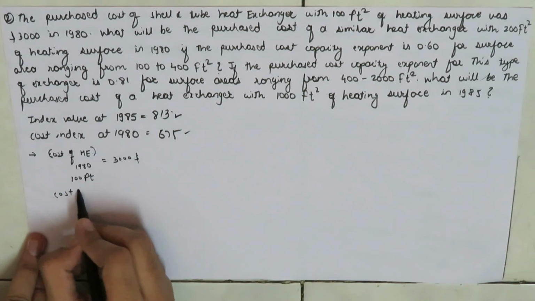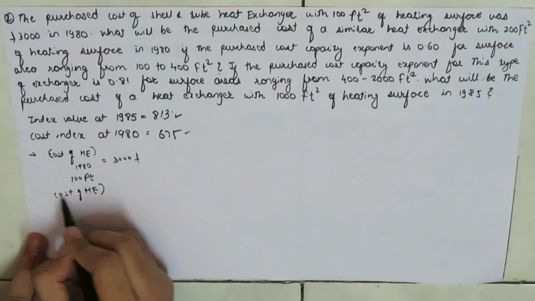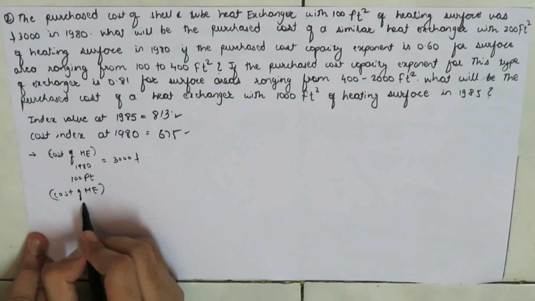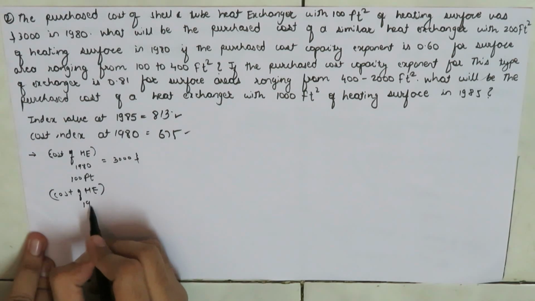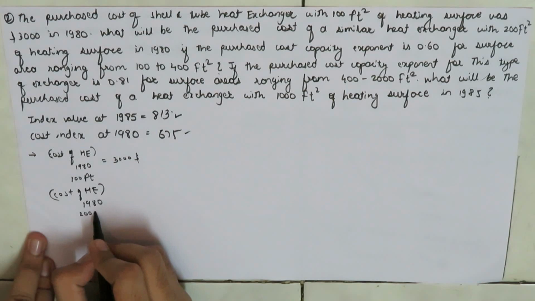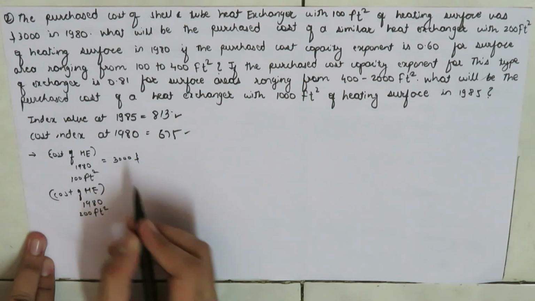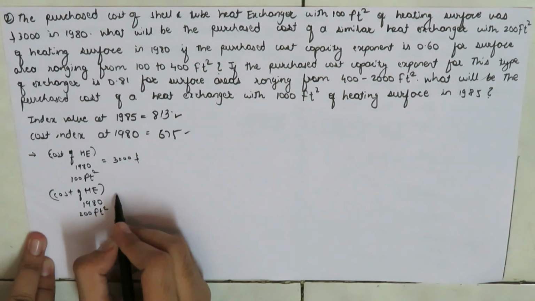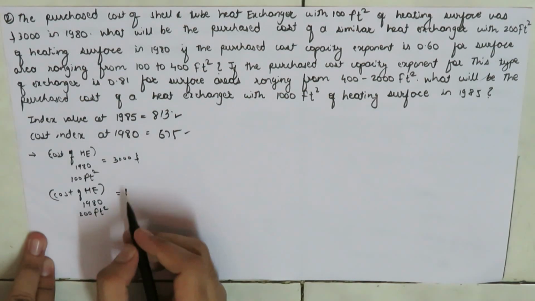Okay, so the cost of heat exchanger in the year 1980 whose surface area is 200 feet square, we need to find this.